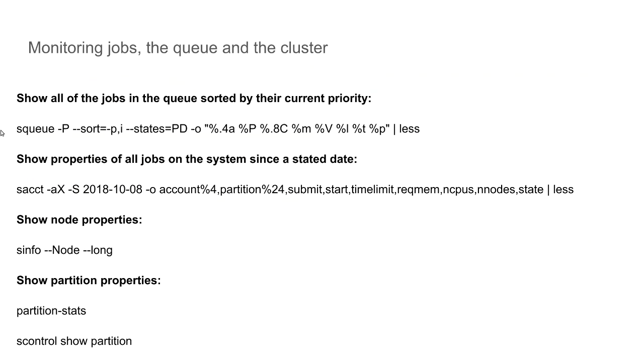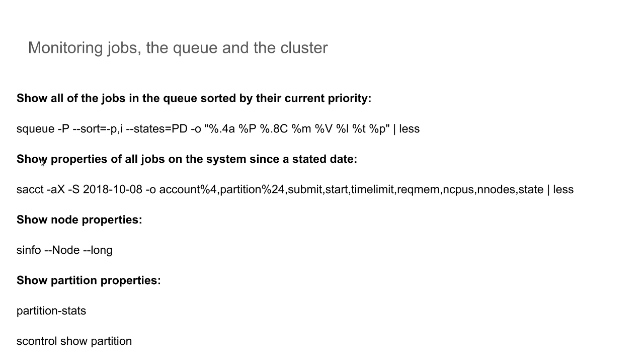Now, to do that, we can use the sq command, and we can sort it by priority, and then we can organize the output, showing the accounts and the priority, which partition they're in, and then we can manage the width of the columns and show the cores and the memory and the submission time, etc. And then we can plot that and basically see where a certain job is fitting in terms of its ordering in the queue and the ordering that the cluster is actually considering these jobs in.